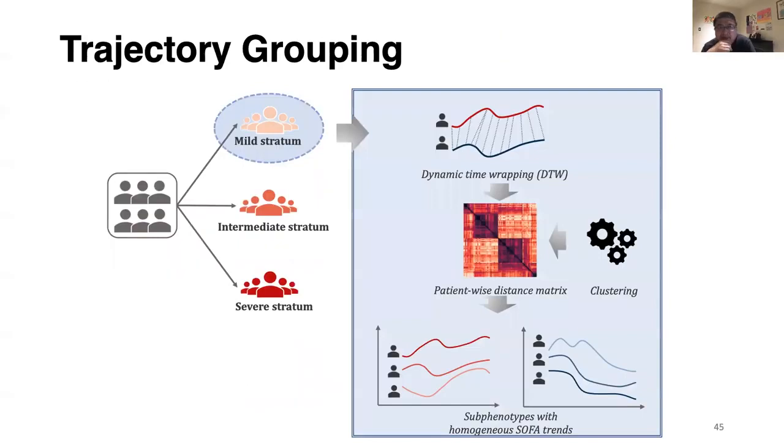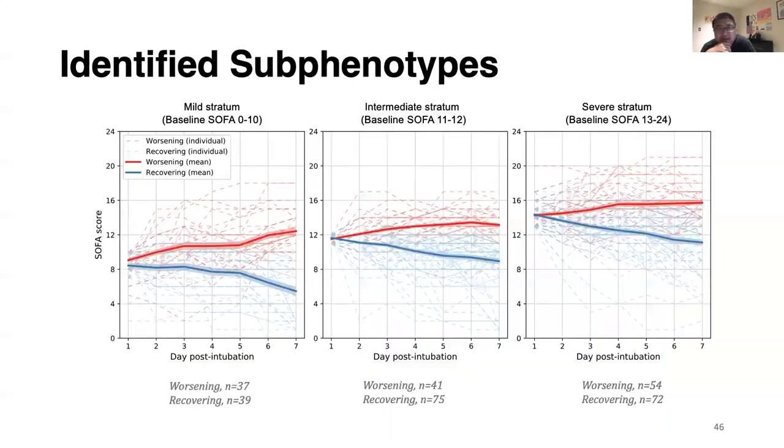Then we perform trajectory clustering for every stratum, and we are particularly interested in discovering the increasing trend and decreasing trend. These are the identified subphenotypes over the 3 strata: the increasing trend suggests the worsening subphenotype, and the decreasing trend suggests the recovering subphenotype.